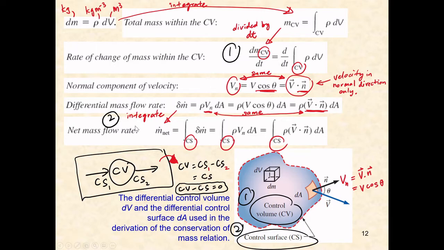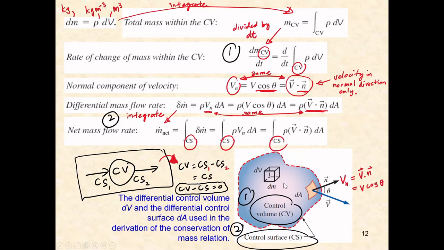What's happening at the surface, with mass either entering or leaving, will ultimately equal the changes within the control volume. We already showed you the control volume equation, which is the change of mass in the control volume with time. I also showed how mass can enter and leave the control surface. This is the boundary.